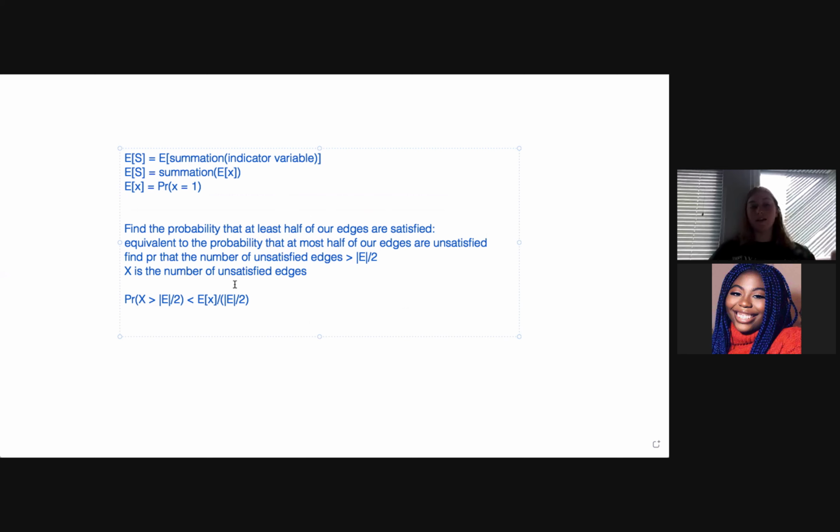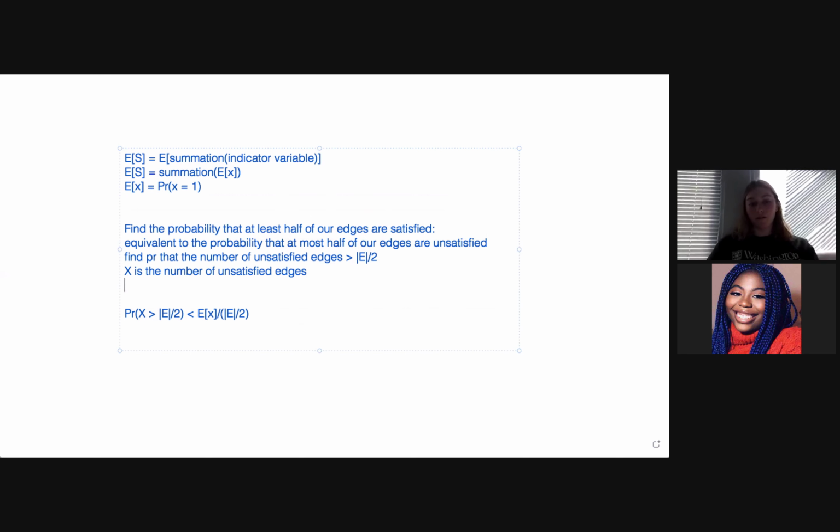But now that we have this, what is e of x? We kind of solved in part A a little bit, it's 2e over 3, right? Yes, but that was for the number of satisfied edges. So for the number of unsatisfied edges, it's going to be 1/3.